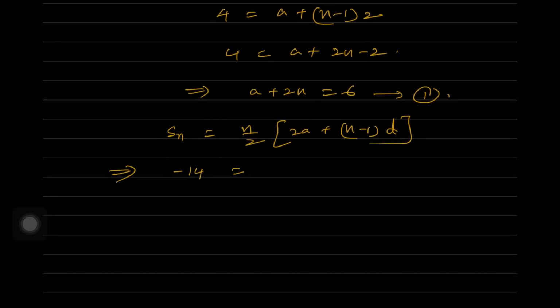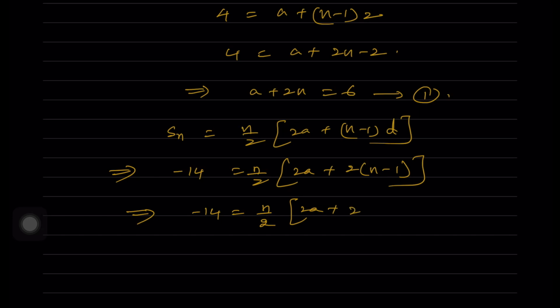So minus 14 is equal to n by 2 into 2a plus n minus 1 into 2, that is d is 2. So minus 14 is equal to n by 2 into 2a plus 2n minus 2.